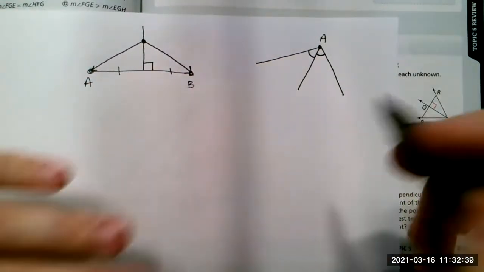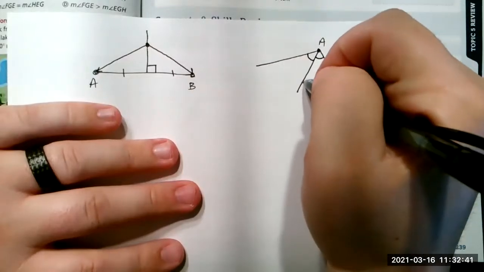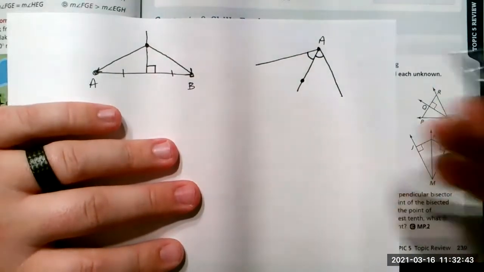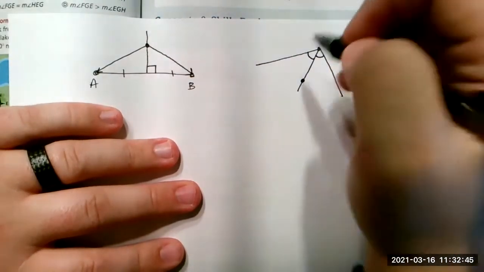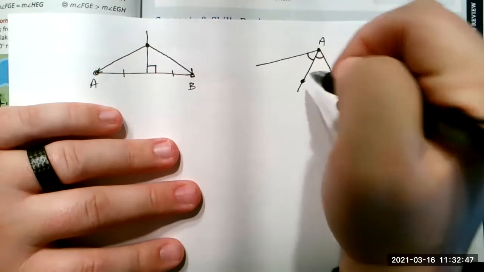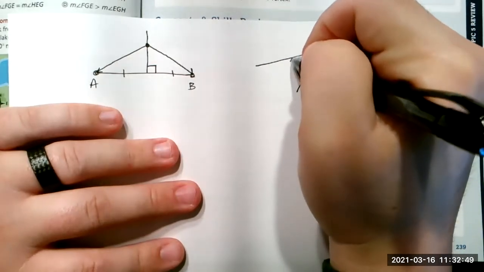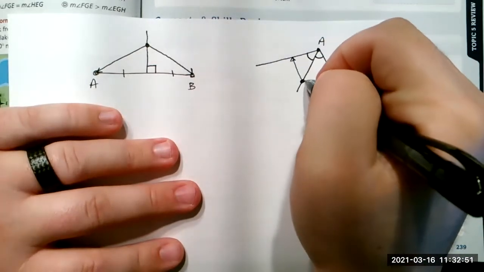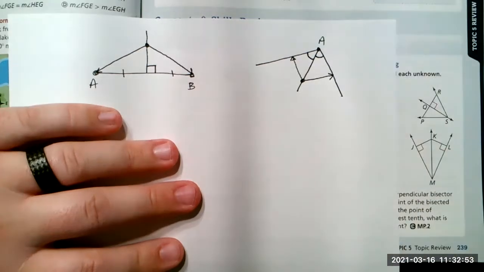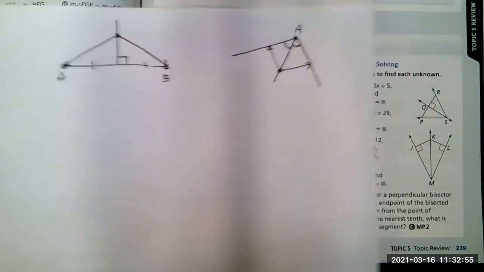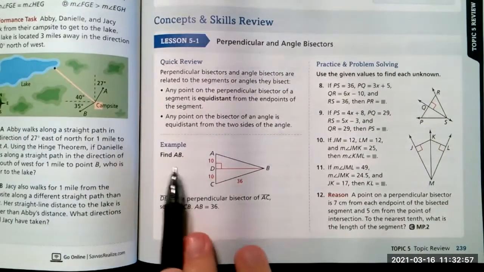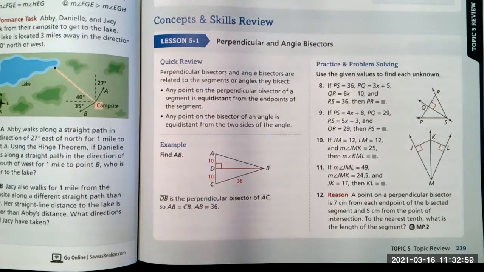And what this definition was saying is that any point on this angle bisector, I'm just picking that one there, is going to be the same distance from that point to this side as it is from that point to this side. Same distance. This example is just emphasizing that here.